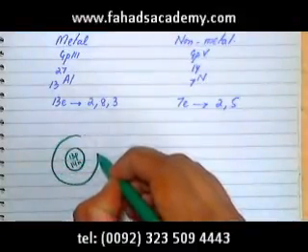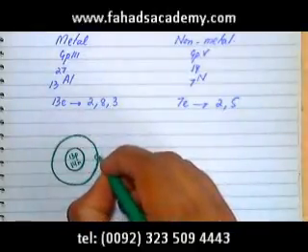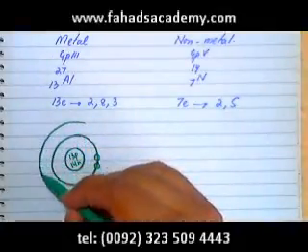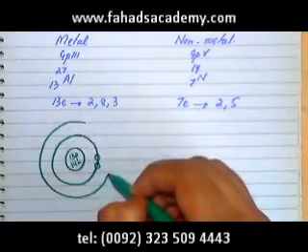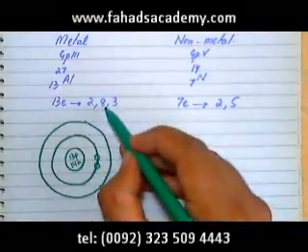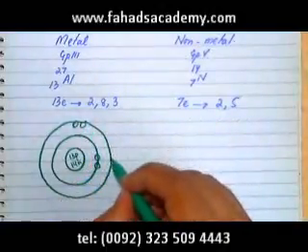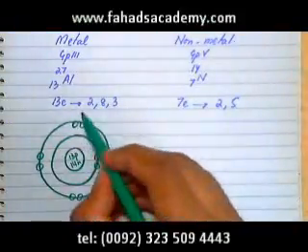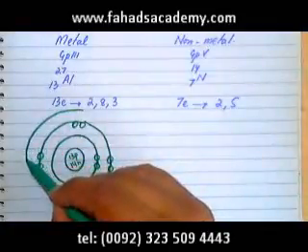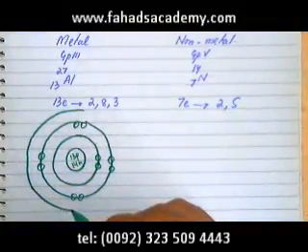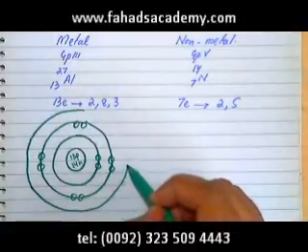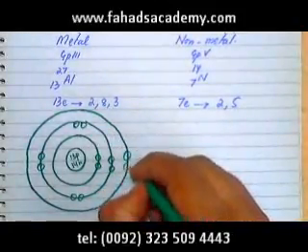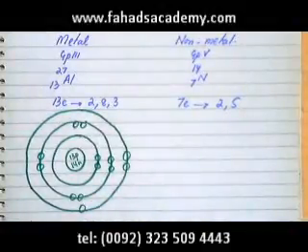And the electronic configuration would be 2 electrons in the first shell, 8 electrons in the second shell, and 3 electrons in the last shell. So I've drawn 3 electrons in the last shell.